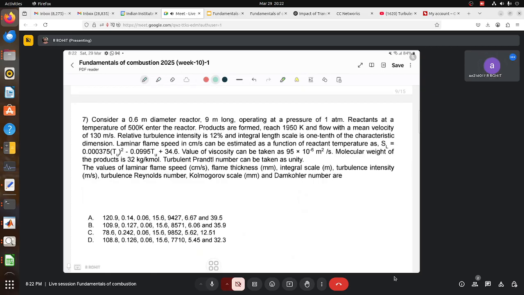If so, they have asked you to find the values of laminar flame speed, flame thickness, integral scale, turbulence intensity, turbulence Reynolds number, Kolmogorov scale and Damkohler number. So I will wait for 5 minutes so that you can try it out.